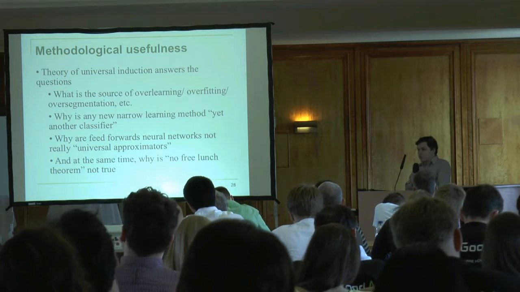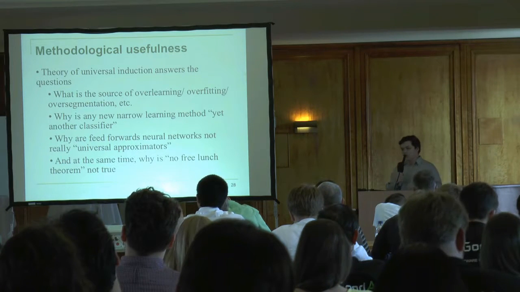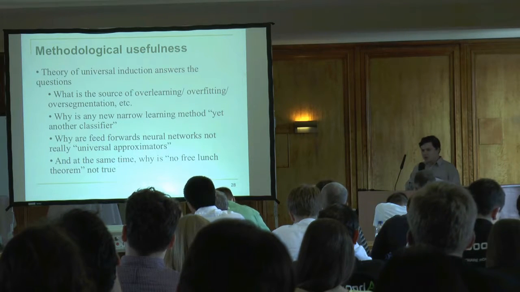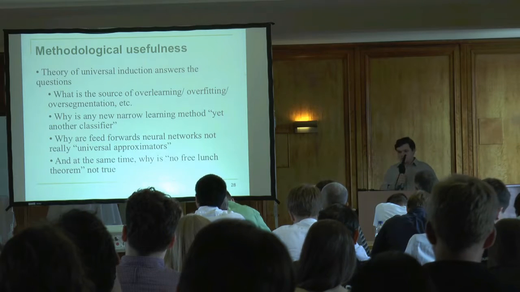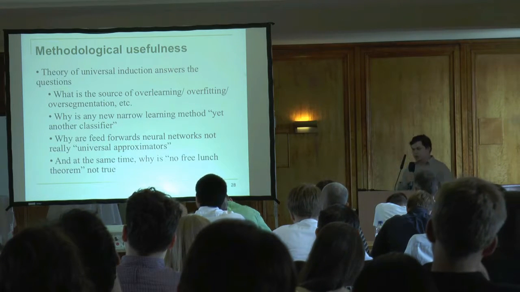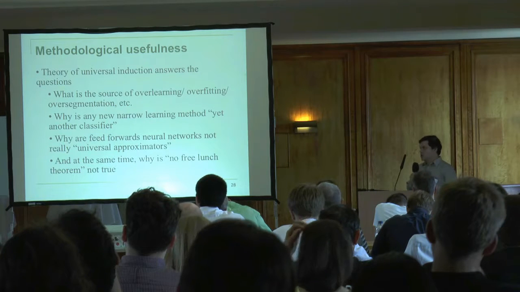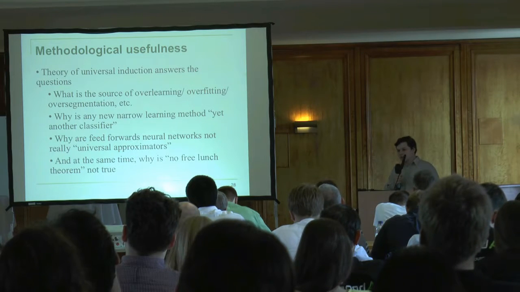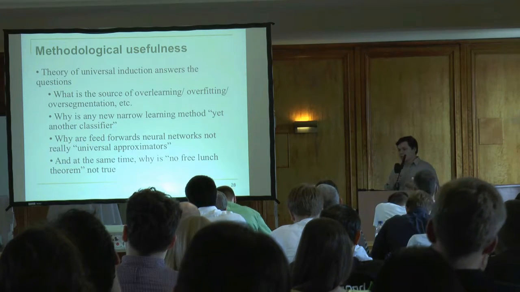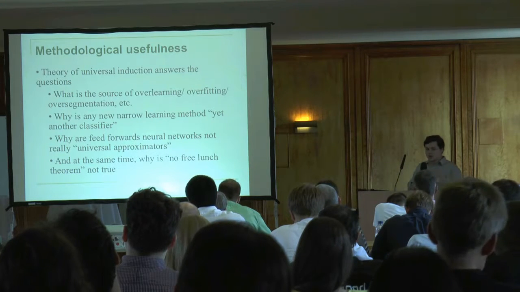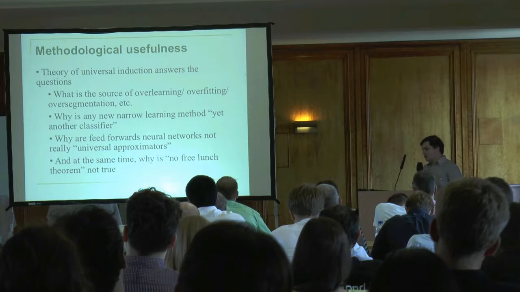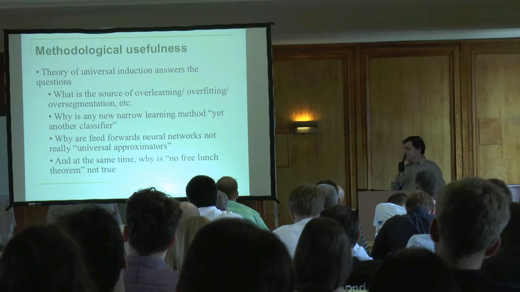Indeed, if you take some book on practical machine learning, some handbook on pattern recognition, and so on, you will see that there is a lot of talk about the problem of overfitting and overlearning, and there is no clear answer about where these problems come from, because you will find some techniques such as cross-validation, learning curves, biased methods, and so on.